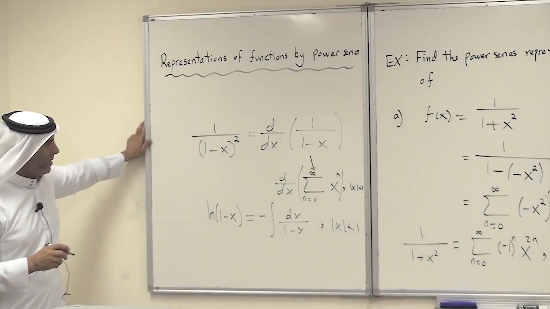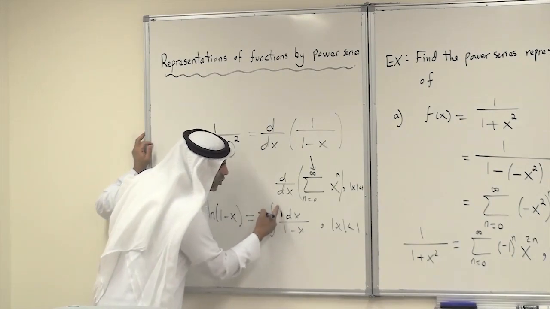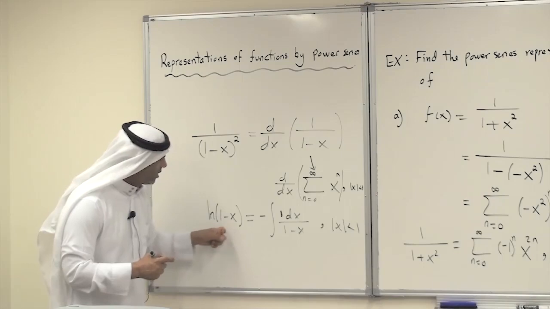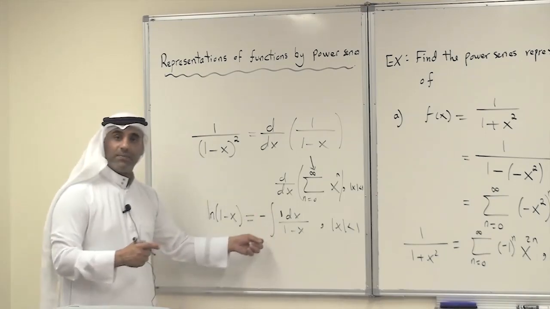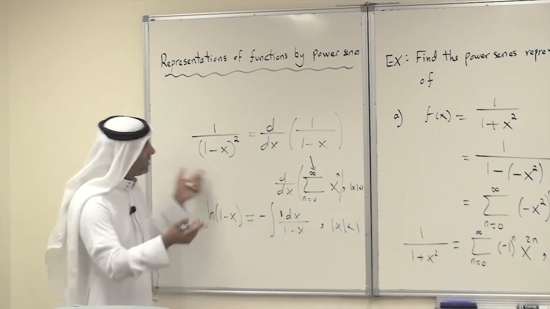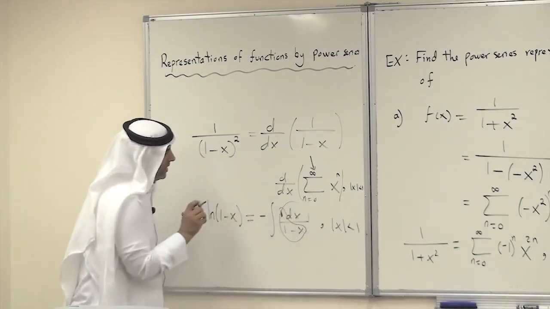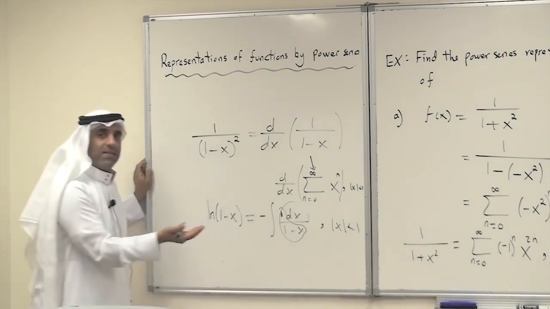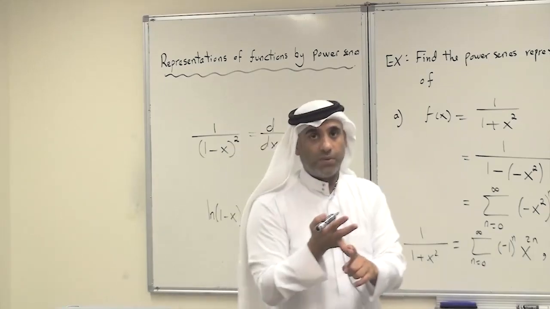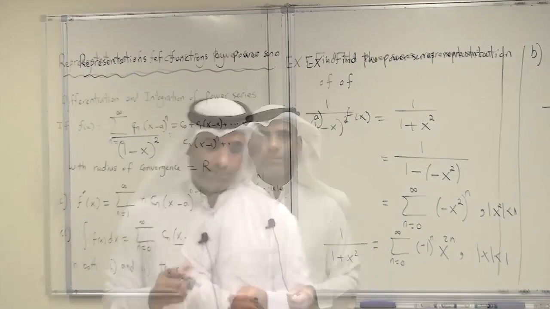Since we have the representation of 1 over 1 minus x, can we also get the representation of this by the integral process here? So the second question, can we integrate a power series? Because at the end we can represent 1 over 1 minus x by a power series. Yes, we can integrate a power series and we can differentiate a power series. How to do this? This will be our next point.